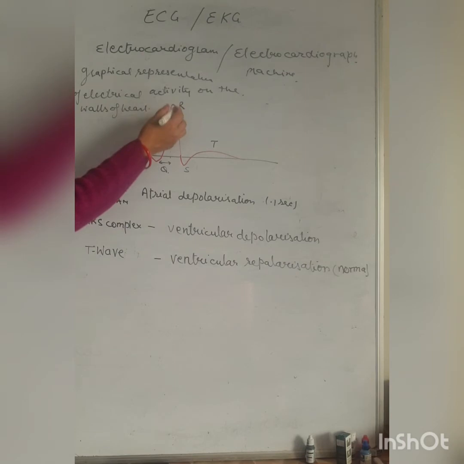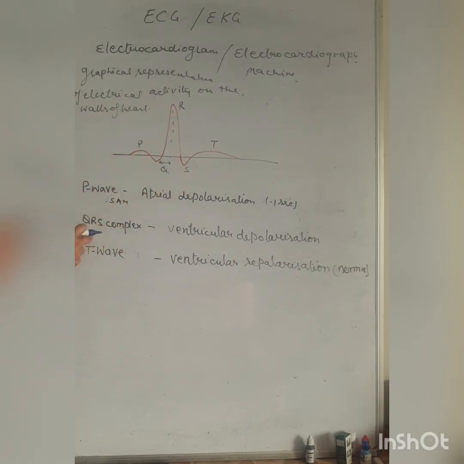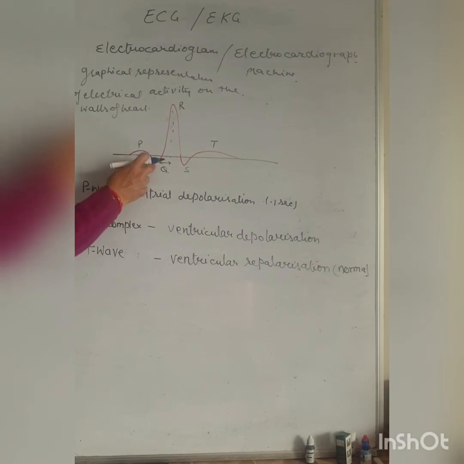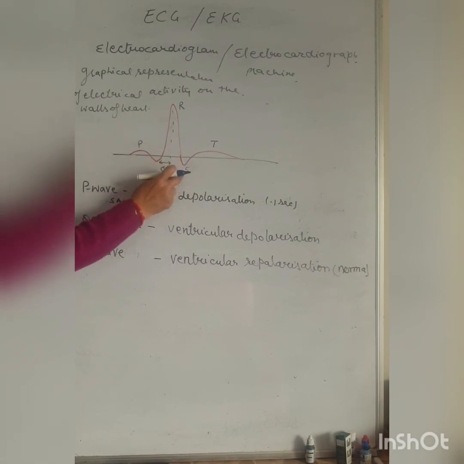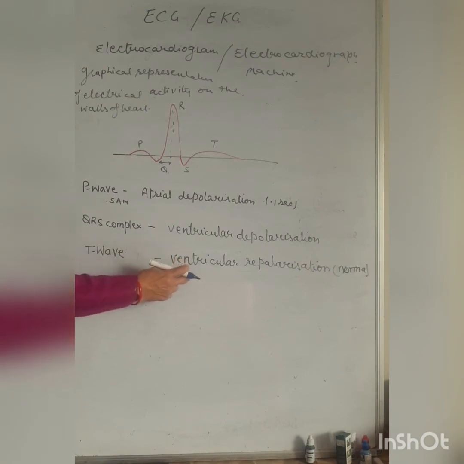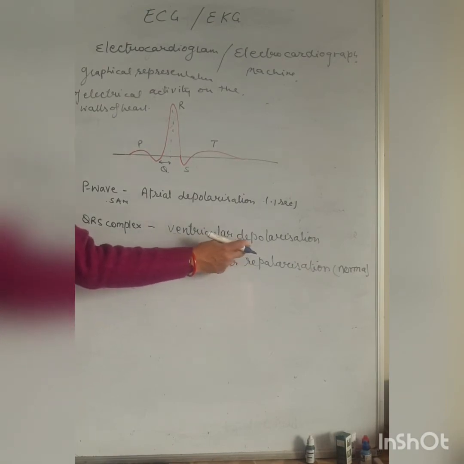The QRS complex. The QRS complex begins as a downward deflection from the baseline and continues as a large upside, the R, a triangular wave from the baseline, and then a downward wave S. So this QRS complex is meant for ventricular depolarization.